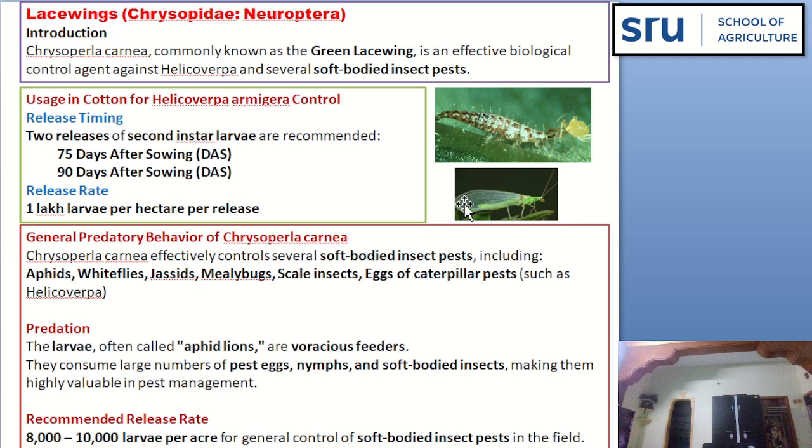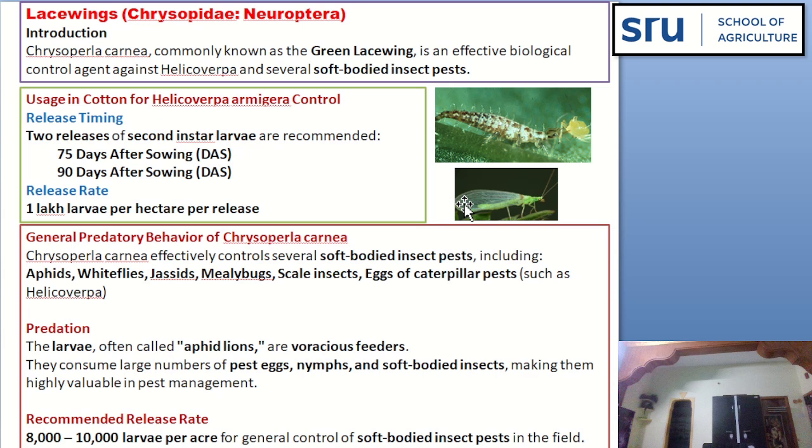Next, general predatory behavior of Chrysoperla carnea. Chrysoperla carnea effectively controls several soft-bodied insect pests such as aphids, whiteflies, jassids, mealybugs, scale insects, and eggs of caterpillars such as Helicoverpa. The larvae of Chrysoperla carnea are also known as aphid lions.